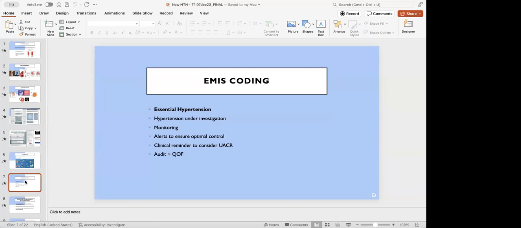It's very, very important, because then a pink pop-up appears, which comes up as a warning sign with alerts, saying what monitoring needs to be done. Are they under investigation? Do they need a blood test? Plus, it helps with your QOF as well. I know not all hypertensives have CKD, chronic kidney disease, but it's good medical practice to consider doing ACRs on these people. Next slide, please.